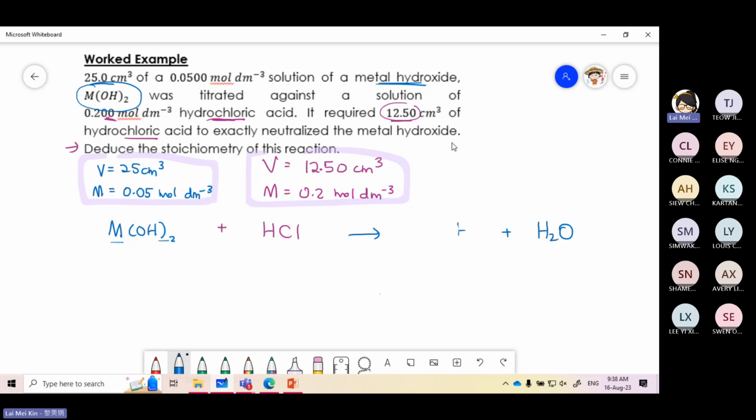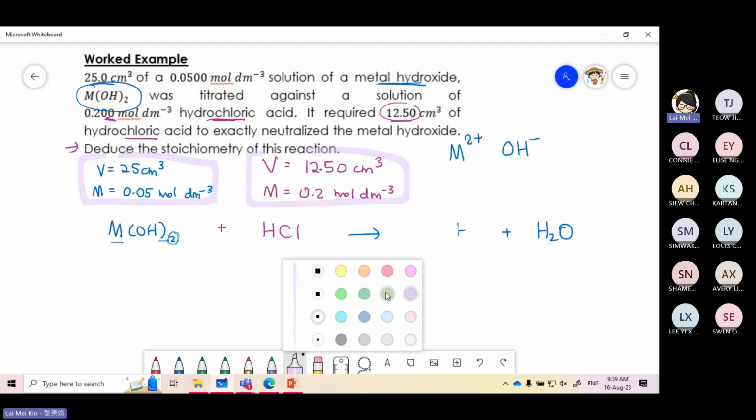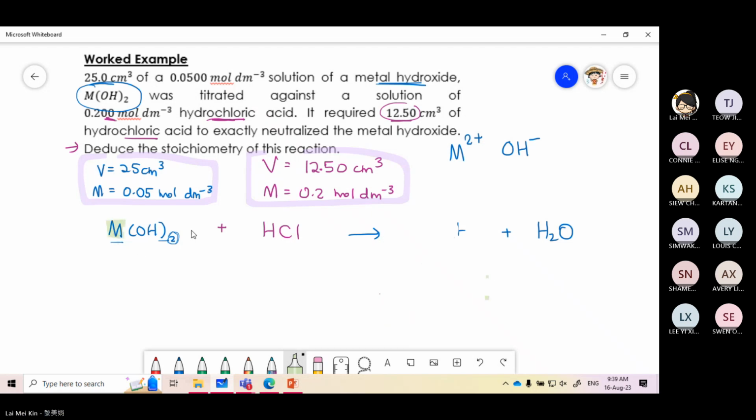You have OH, and OH is always OH minus. If you have M(OH)2, what does it mean? Your metal is 2 positive. The salt that's being formed will take the metal and the chlorine.